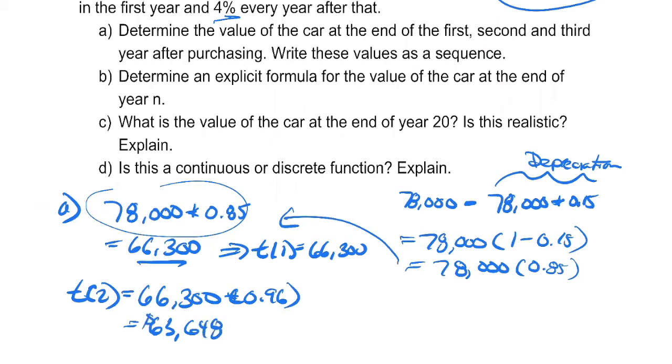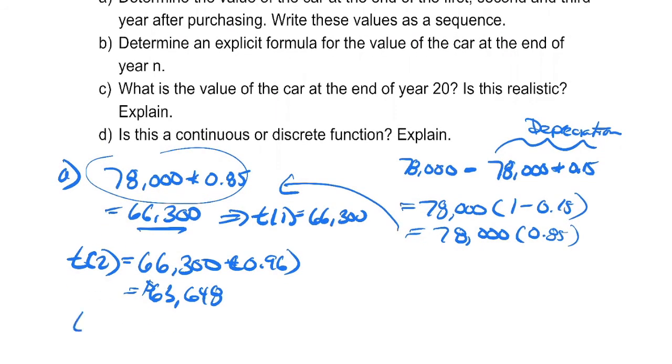So that would be the second term. And what was T3? What's the value of the car after the third year? It's going to be the value of the car after the second year, 63,648, and we multiply again by 0.96. In this case, that's going to be $61,102.08.